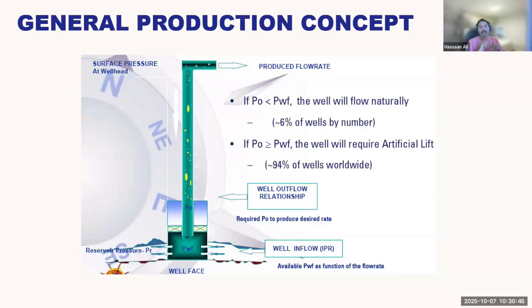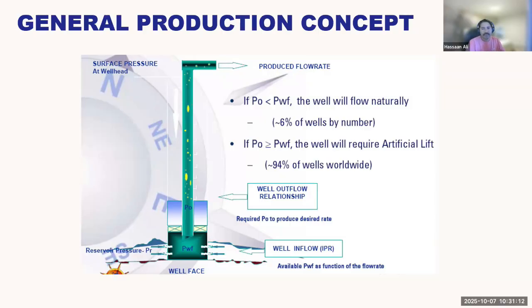Now, you need to think about other means where you can reduce your P naught so that your PWF becomes higher than your P naught. So you need to deploy artificial lift systems. What artificial lift systems do is that they decrease your P naught so that your PWF becomes higher, right? 94% of the wells worldwide would require artificial lift systems.